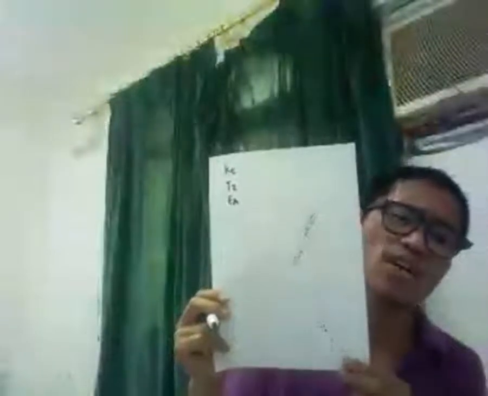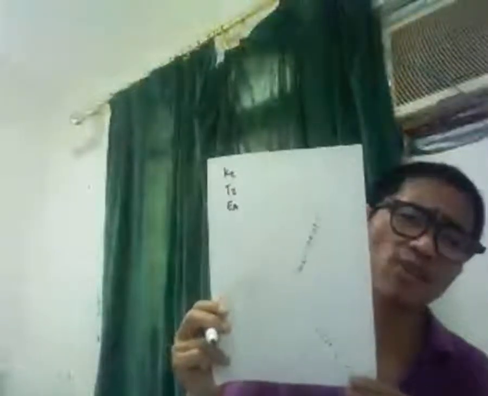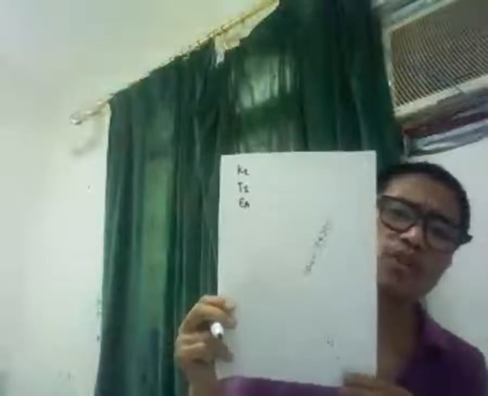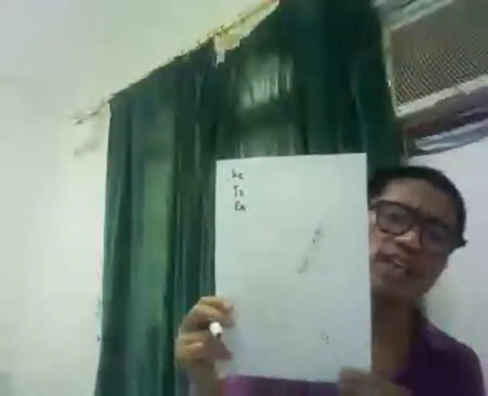Guys, K2, T2, and activation energy are the usual quantities to be asked in problems related to chemical kinetics and Arrhenius theory. How can you solve for final temperature, activation energy, and K2?